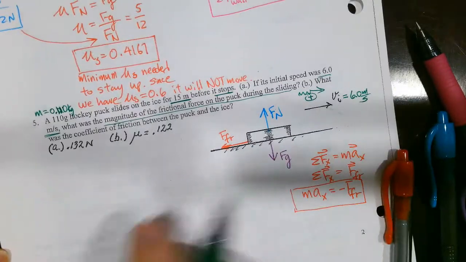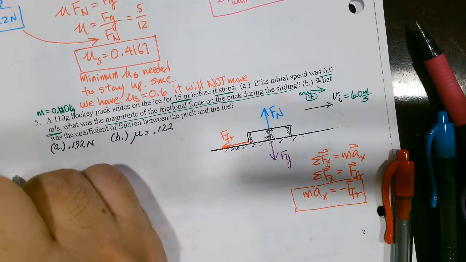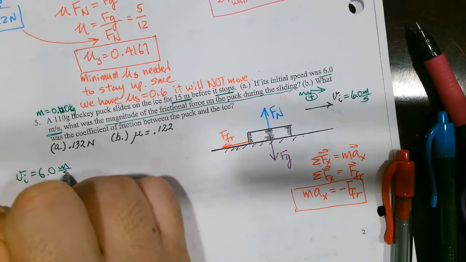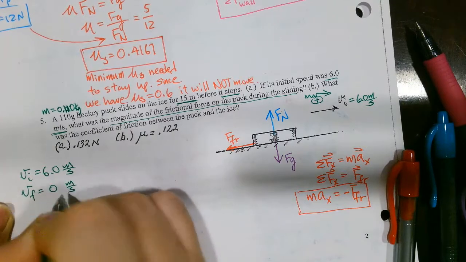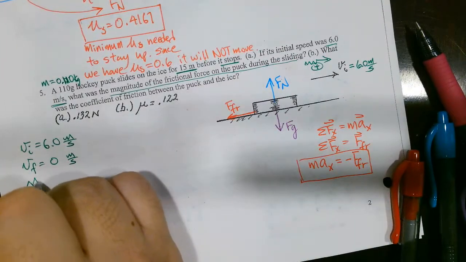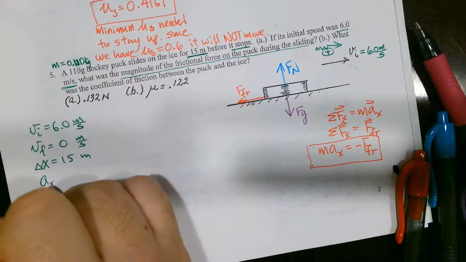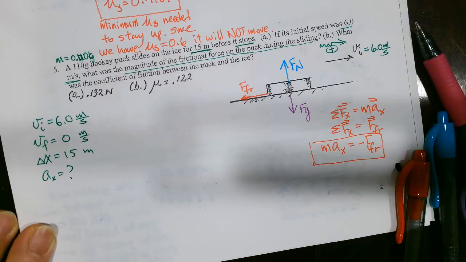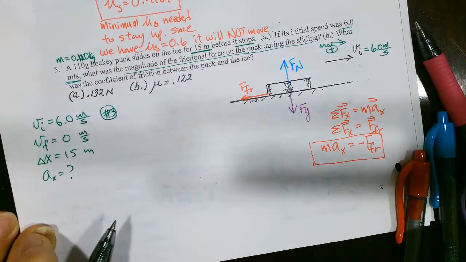So let's write down everything we know for this puck in kinematics. Our initial velocity in the x came out to 6 meters per second. Our final velocity is 0 meters per second. Delta x is 15 meters, how far it traveled. I want to calculate my acceleration in the x direction. This looks like equation number 3 because we don't have time.